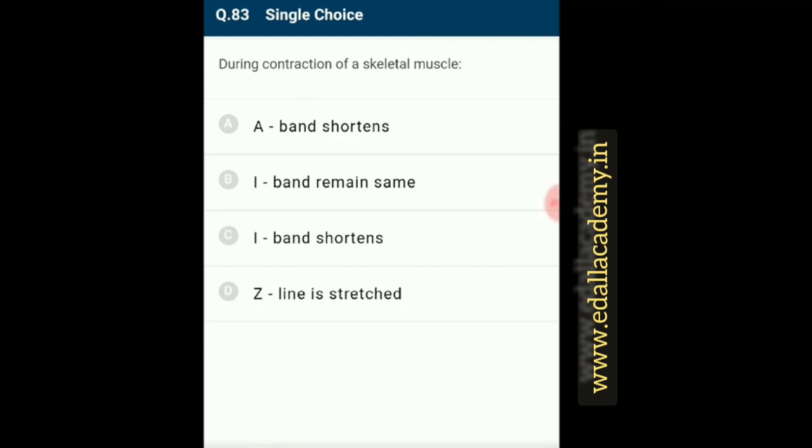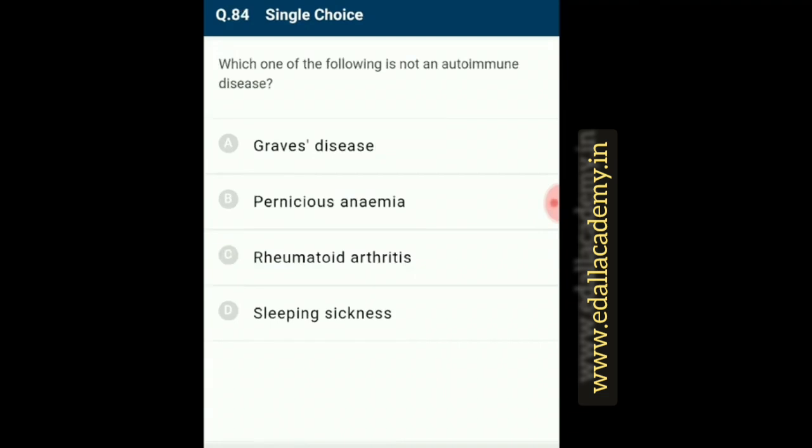The H zone or Hensen's zone is an area in the middle of the dark band where the actin filament does not overlap the myosin filament in a relaxed muscle fiber. During contraction, the actin filament completely overlaps the myosin filament and thus there is no H zone. So the answer is option C, the I band shortens during contraction of muscle.